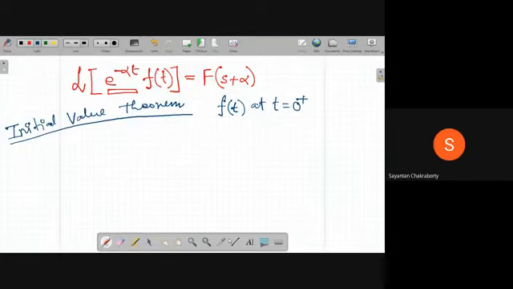That particular time will be considered as t equal to 0, your reference time, and the time immediately after that will indicate the response, that is, the response has been initiated. If you just write t equal to 0, it means it is either waiting for the input to come, or the input has just occurred. To emphasize that it is the time just after the system is excited, the plus sign is given.